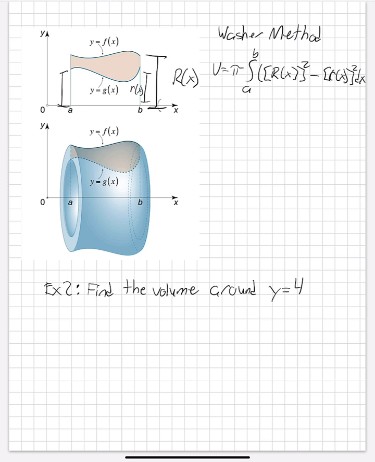And we're going to use the region y equals x, y equals 3, and x equals 0. So we are going to use that region and then find the volume that region creates.